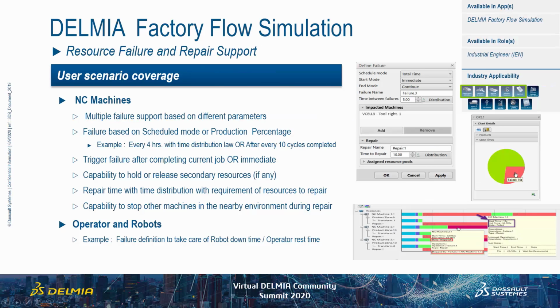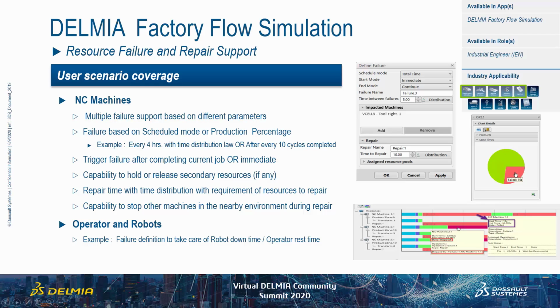Another important enhancement is related to failure and repair support. A lot of enhancements have been provided, especially to define in a more accurate and detailed way how a repair or failure could happen. So you can support multiple failures now based on different parameters.